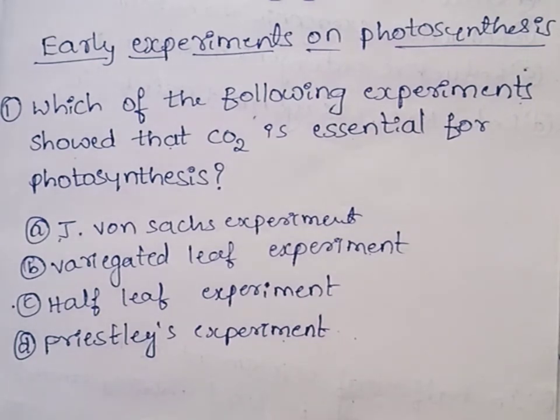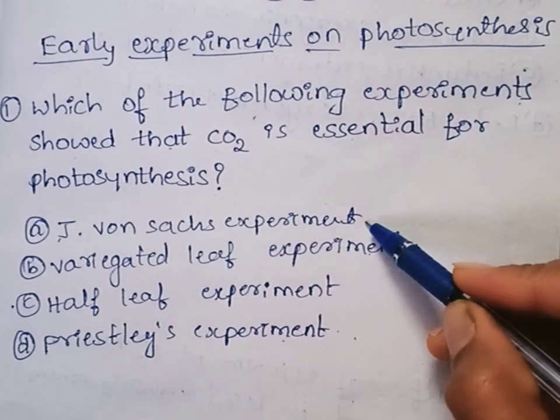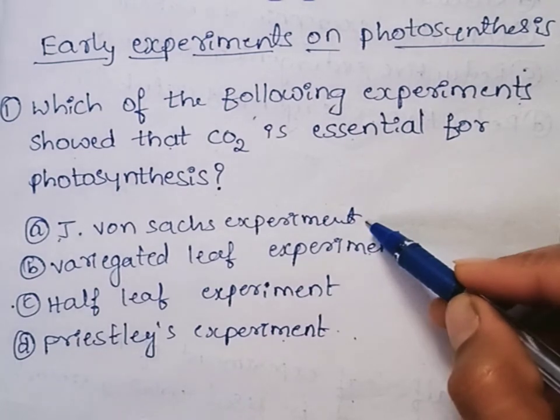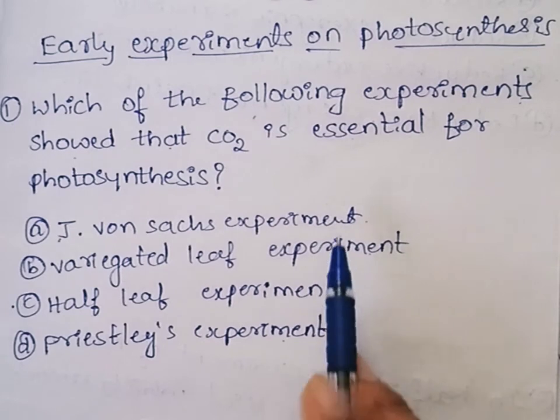So this is the summary of Sachs experiment: glucose is made during the photosynthesis process and it is stored as starch at the end of photosynthesis.